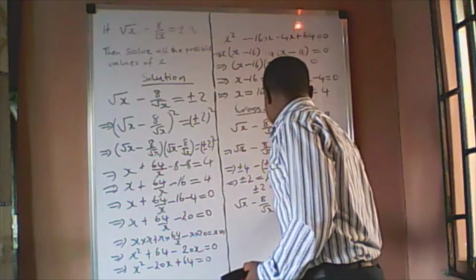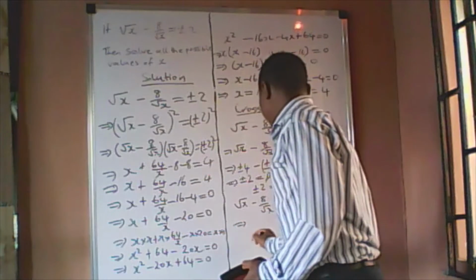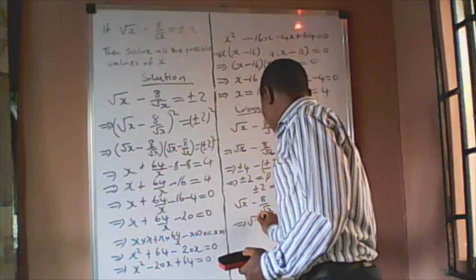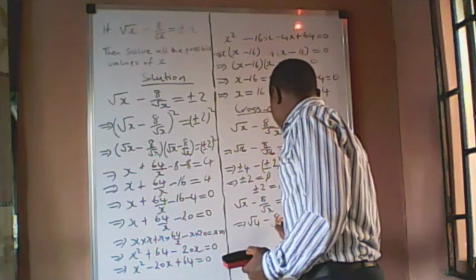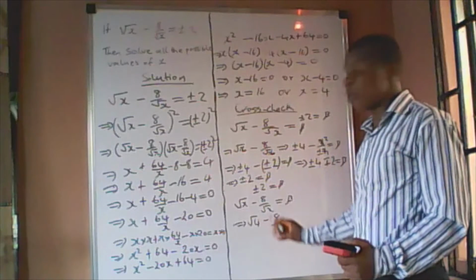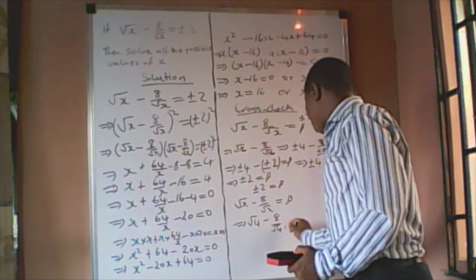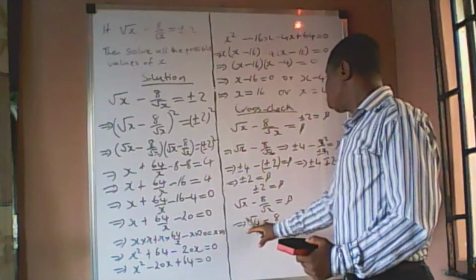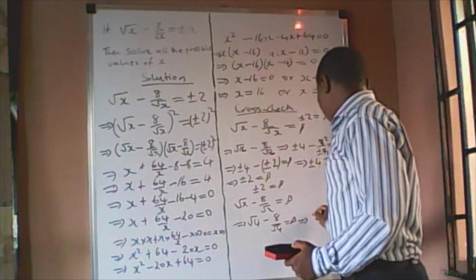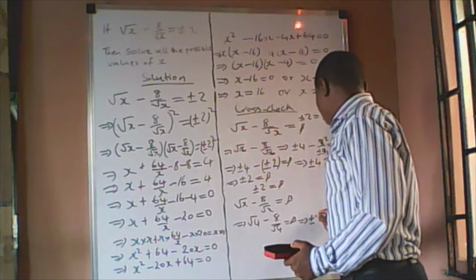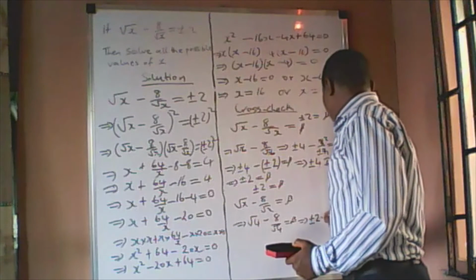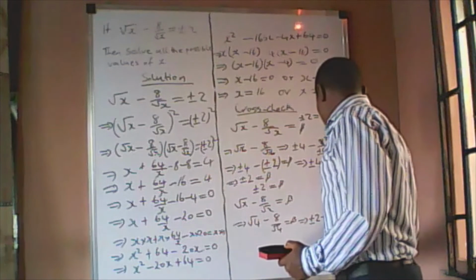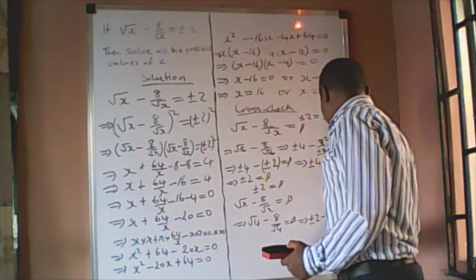We substitute x by 4, we have root 4 minus 8 over, substituting also this x by 4, root 4 equal to beta, which implies root 4 is plus or minus 2, minus 8 over root 4 is plus or minus 2, equal to beta.